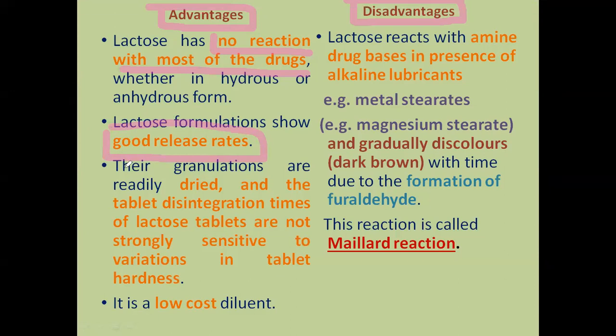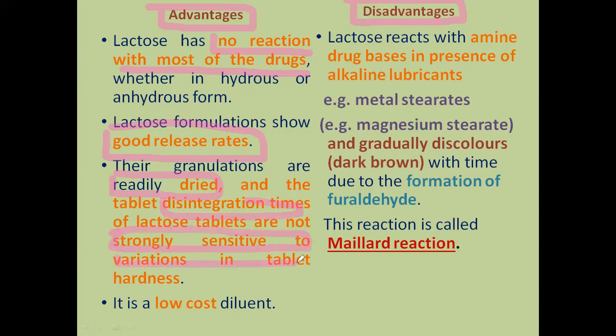Then the next advantages of lactose include that the granulations prepared by using lactose are readily dried, means they easily get dried. The disintegration time of lactose tablets is not strongly sensitive to variation in tablet hardness.